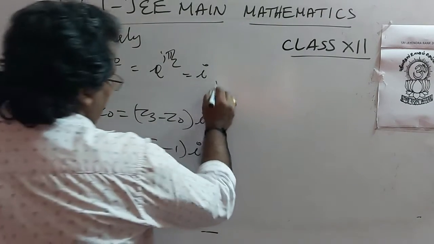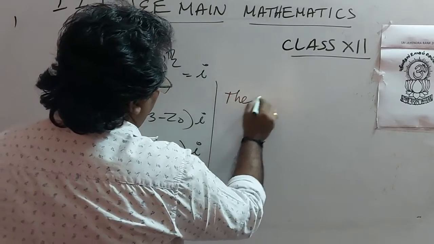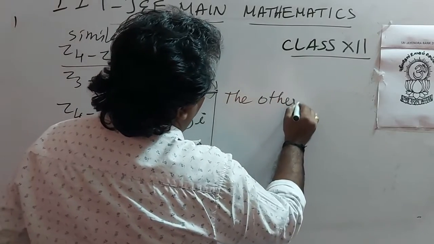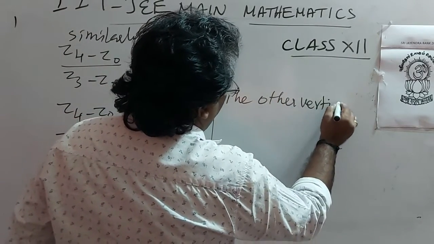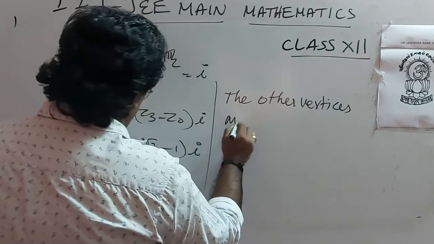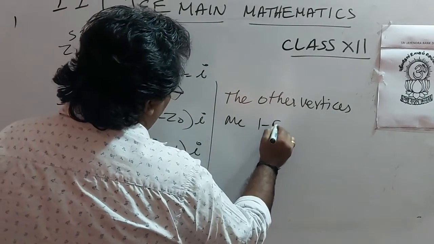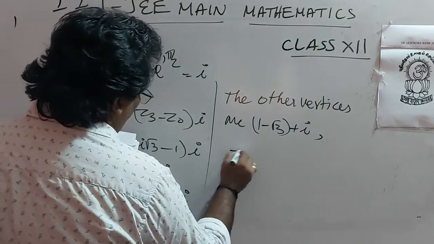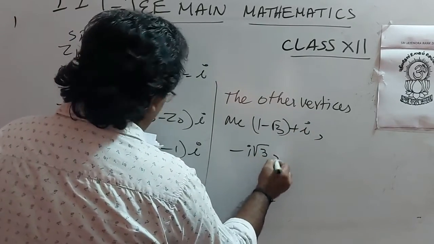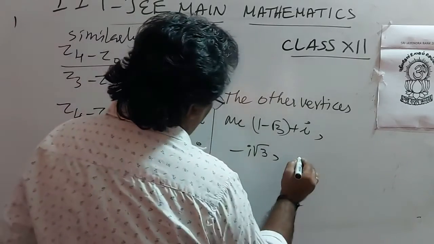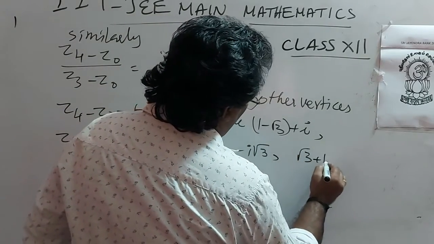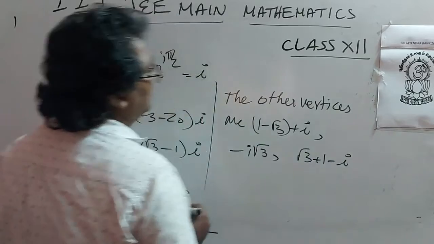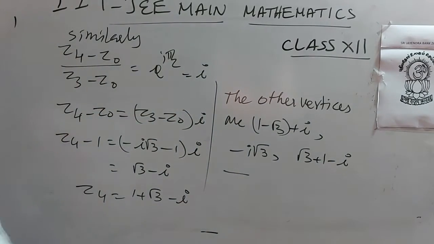So, other vertices are 1 minus root 3 plus i, minus i root 3, and root 3 plus 1 minus i. So, using the rotation concept, we find this result.